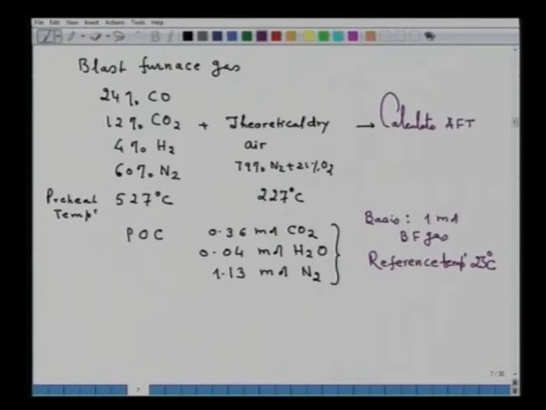First of all, I have to calculate the sensible heat in blast furnace gas. Before that, I write down the heat balance.